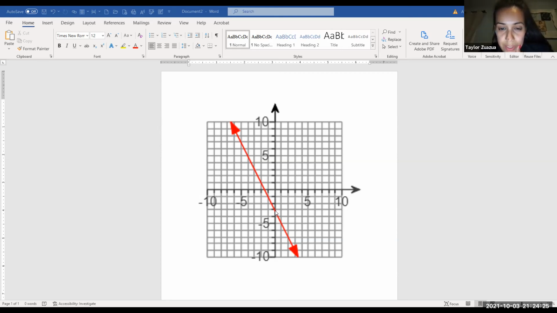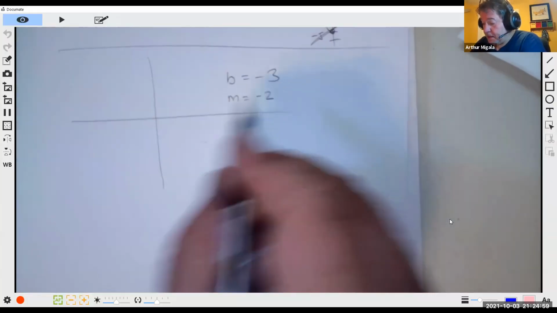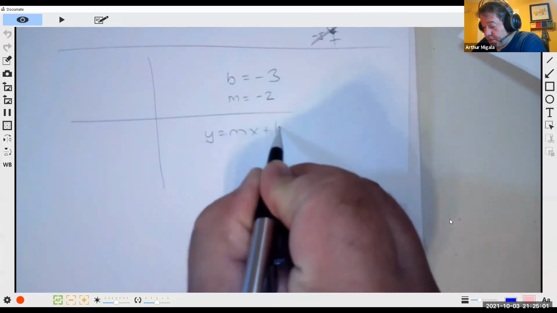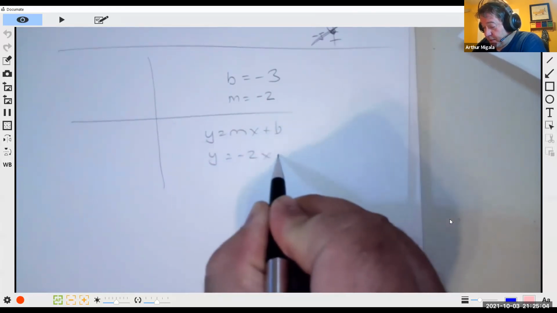Because it's a negative slope, we go down 2 and over 1 to the right, so the slope is -2 over 1. Since y equals mx plus b, plug them in there: y equals -2x minus 3.